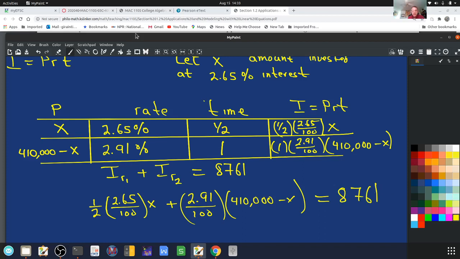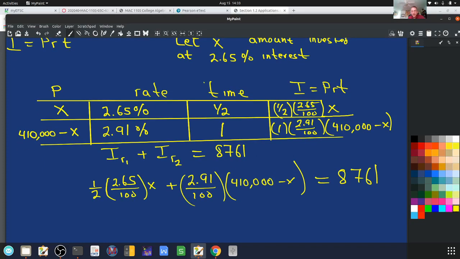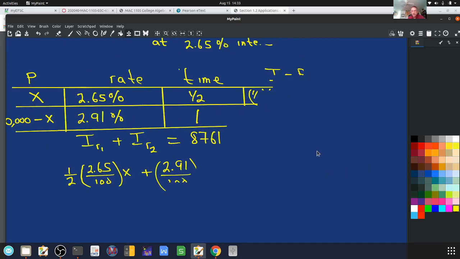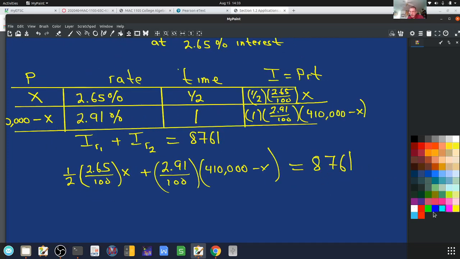$8,761. So again, we're going to solve this by multiplying both sides through by 100 to clear out the denominators. So literally, I'll put parentheses around this and multiply it by 100, and parentheses around the entire left-hand side, because I'm multiplying the entirety of the left-hand side by 100.